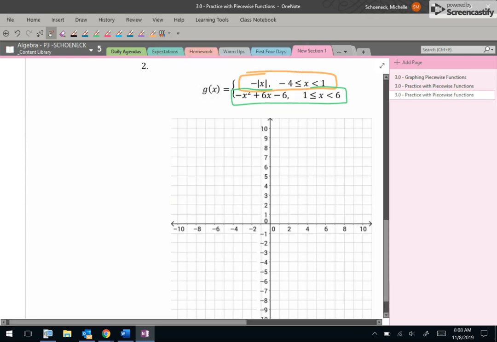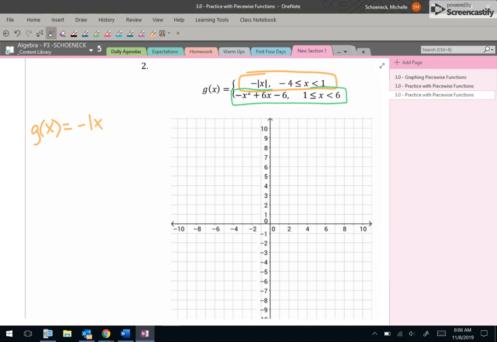The first part is g of x equals negative absolute value of x from negative 4 is less than or equal to x is less than 1. The negative 4 has an or equal to, so it is closed, and this is the start.